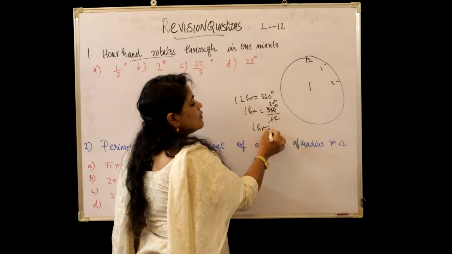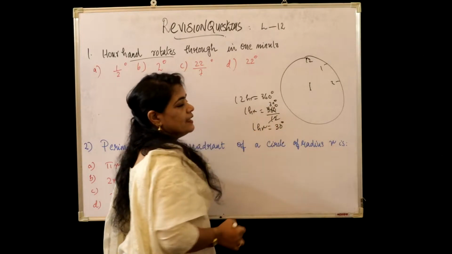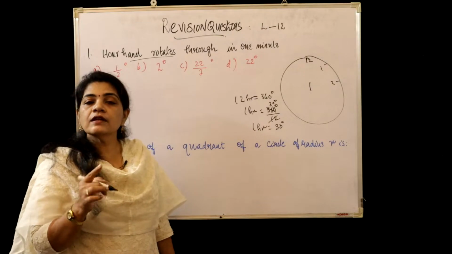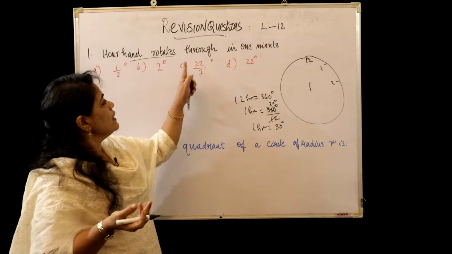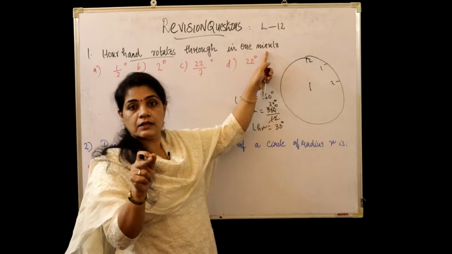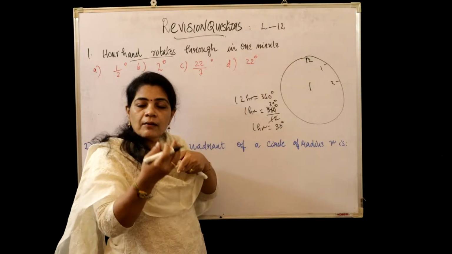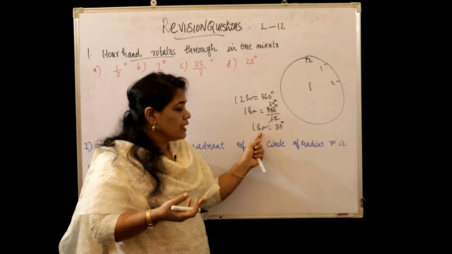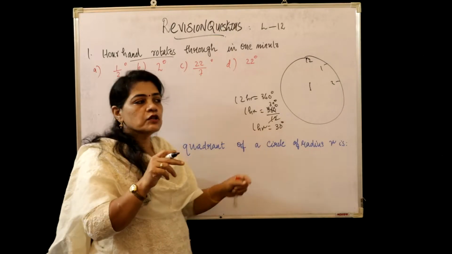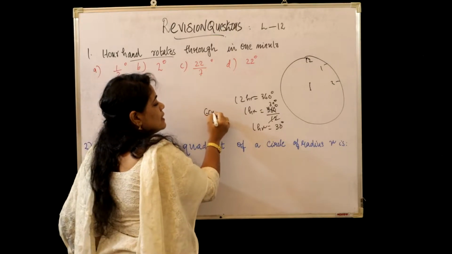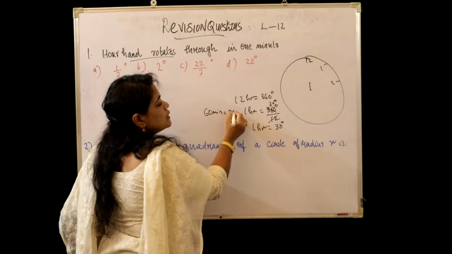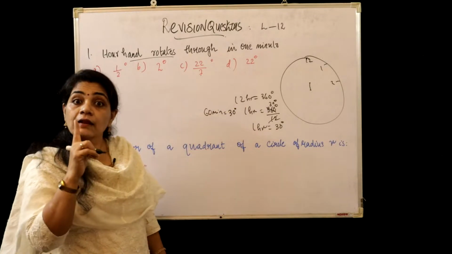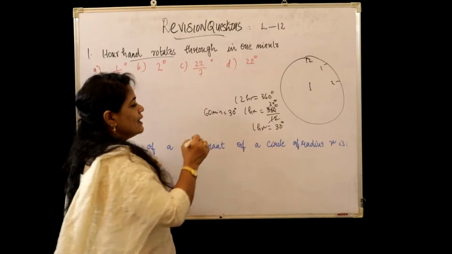So for 1 hour, the angle is 30 degrees. We know 1 hour is 60 minutes, and since we need the rotation in 1 minute, instead of 1 hour you have to write 60 minutes, which is equal to 30 degrees. Hence you can easily get the answer for 1 minute.